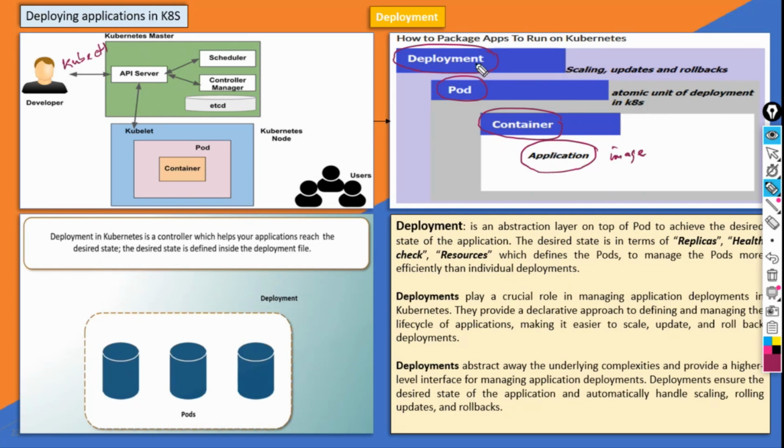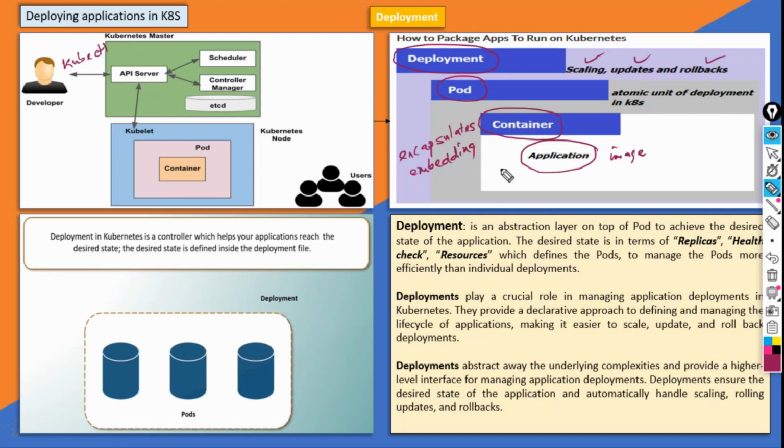So the deployment gives you scaling, updates, and rollback specifications within the deployment manifest file. Deployment creates the pod with the replica set. How many replicas do you want? And the pod encapsulates the container. This is the OOPS term, encapsulates, that is embeds, embedding.